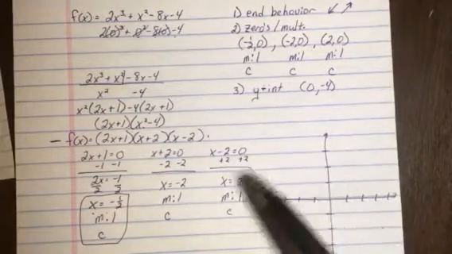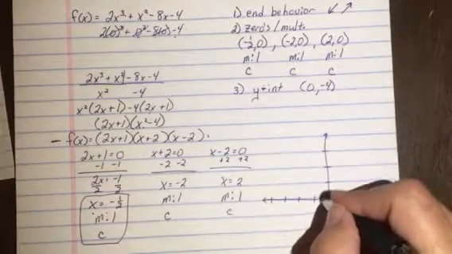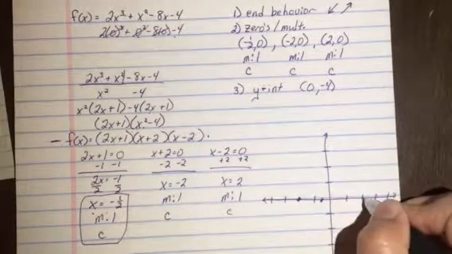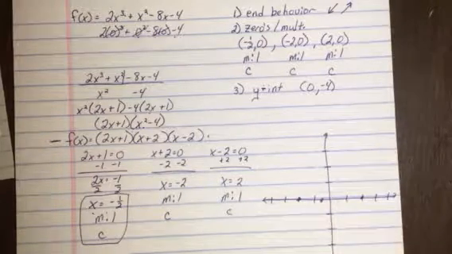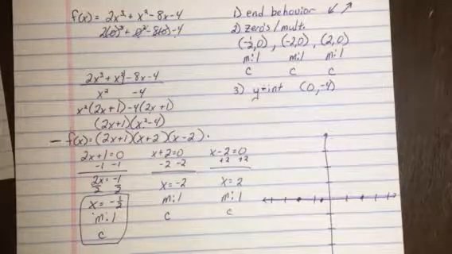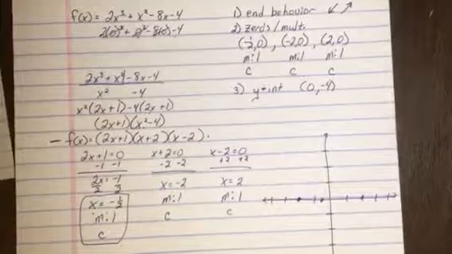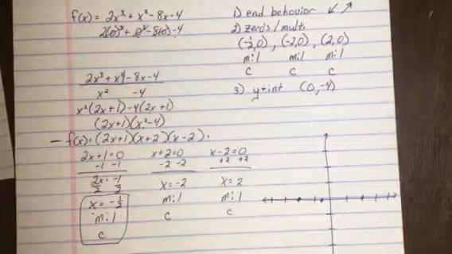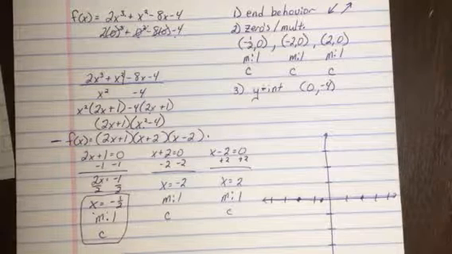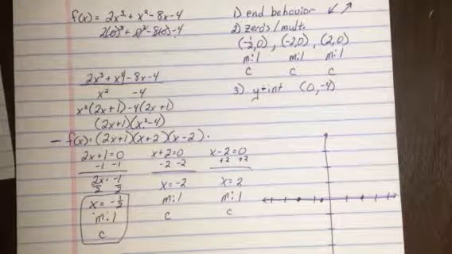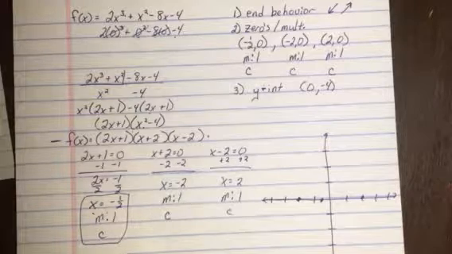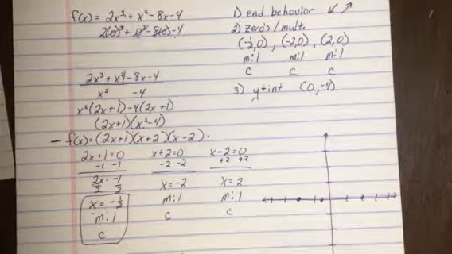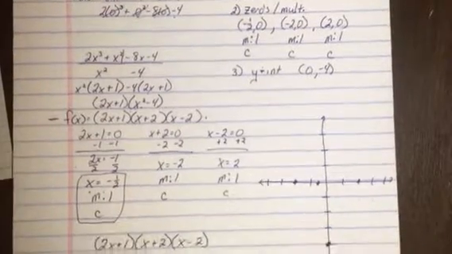All right, what do I have? I have a negative 1/2, I have a negative 2, a positive 2, and a negative 4. So I have all my points. So I'm going to go ahead and bring down 2x plus 1, x plus 2, and x minus 2.